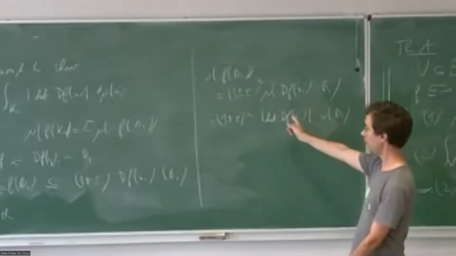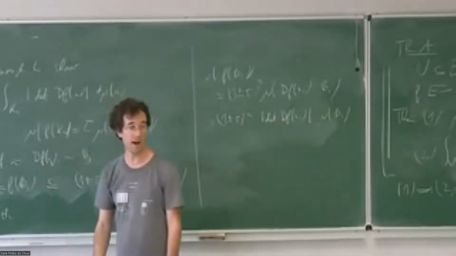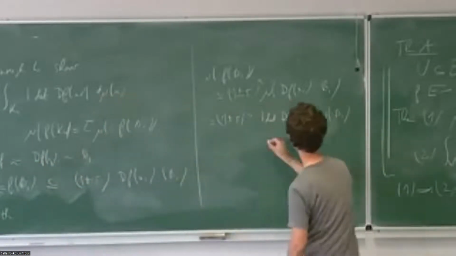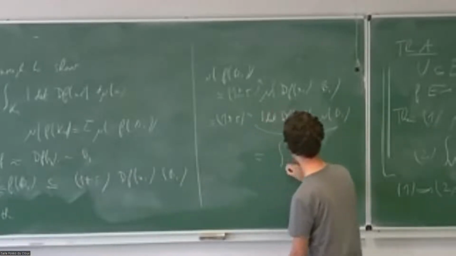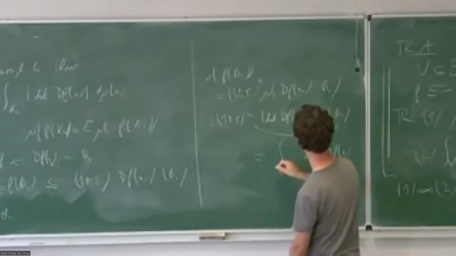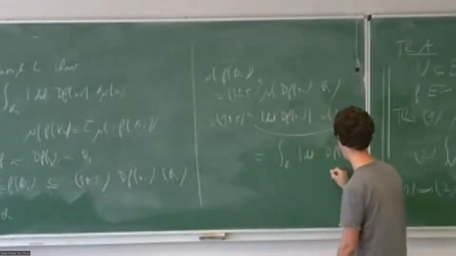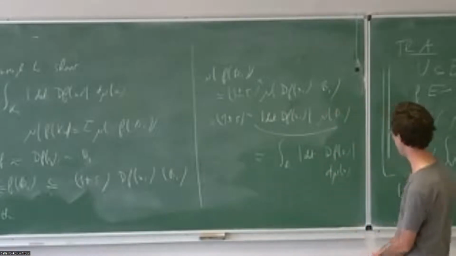But again, since df is uniformly close to df of x_i on this B_i, essentially this is uniformly comparable to the integral over B_i of the determinant of df. So the integral of the determinant of df(x) over B_i.